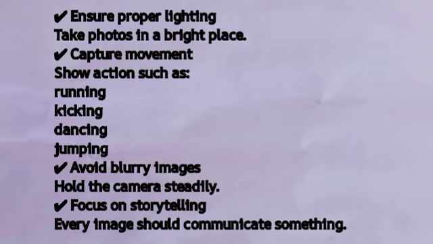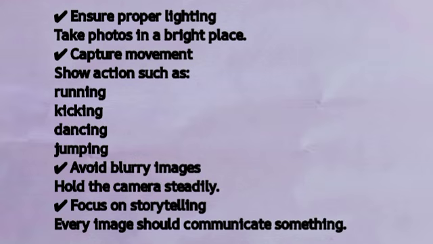Let us not just take photos which are not in motion. Let us take photos that are in motion. Then also avoid blurry images. So here you have to hold the camera steadily. Then focus on storytelling. Every image should communicate something.